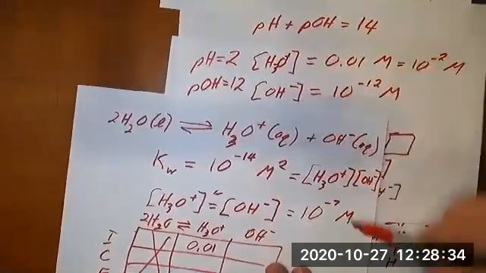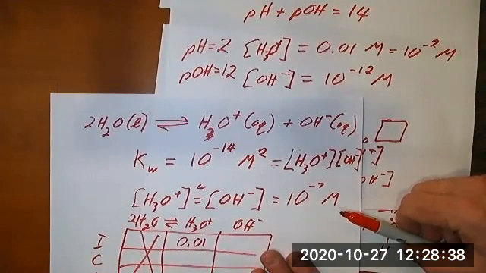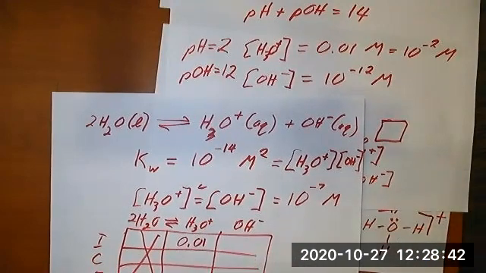Okay, and notice as well that neutral water has a pH and a pOH of 7. So what this means is that if we have a pH lower than 7, then we have more hydronium than we do hydroxide, and so it is an acidic solution.